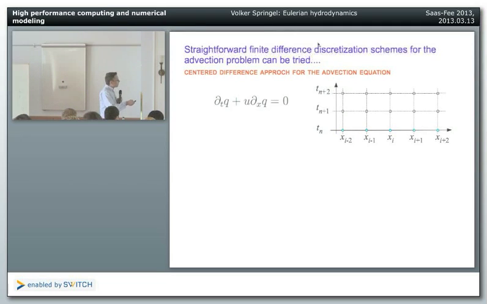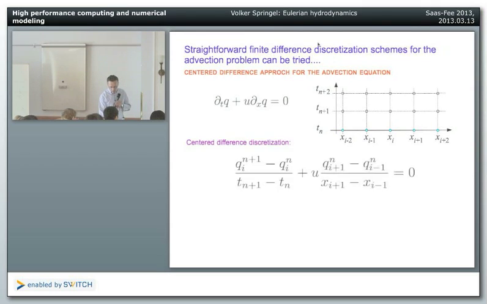This is our partial differential equation, and we can readily think about a discretization scheme for this. For example, we could consider centered difference approximations to these two partial differential forms here. This is the time derivative, this is the spatial derivative.